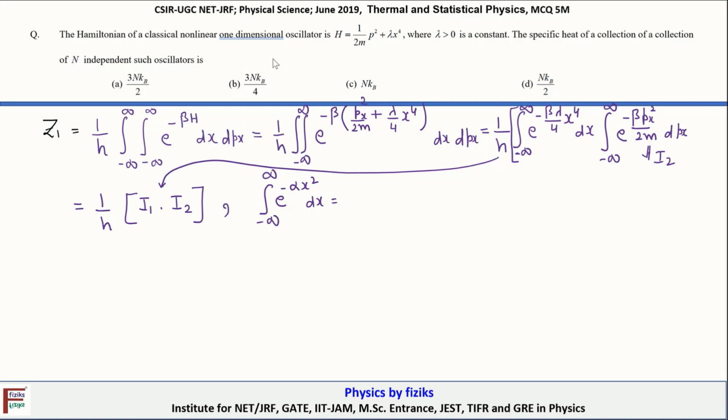Here in integral 2, we can treat beta by 2m as the constant alpha, and the result of this definite integral is under root pi by alpha. If we apply this result on integral 2, then I2 turns out to be equal to 2 pi m upon beta, whole power 1 by 2.